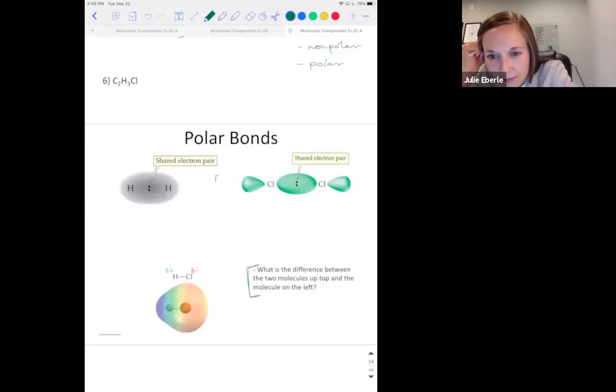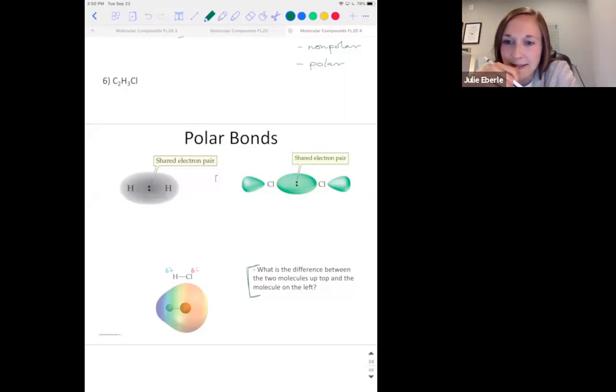Chat. Somebody said it has a bond thing. Okay, Dallas, what do you mean by that? And then Bailey said it has more than one element, and Bailey is correct. We've got the same element involved in the molecule on the two up top. We've got a bond between two identical atoms.